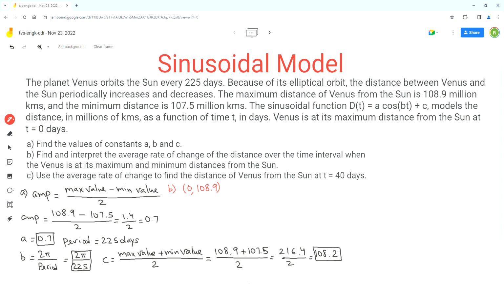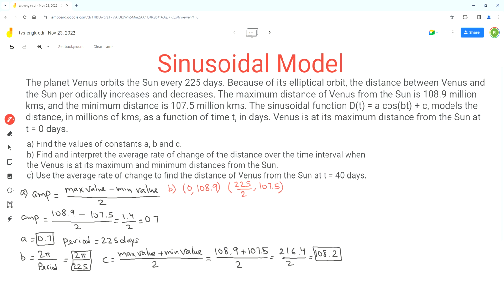Now, Venus will be at its minimum distance from the Sun halfway through its full cycle. Halfway through the cycle will be 225 divided by 2 days. And at that time, the distance from the Sun will be 107.5 million kilometers.